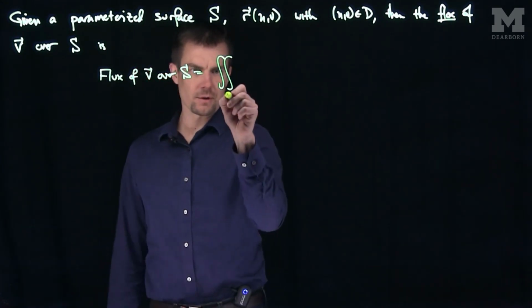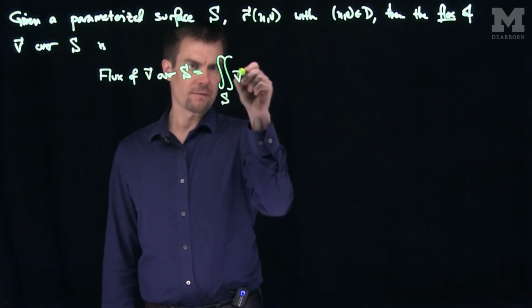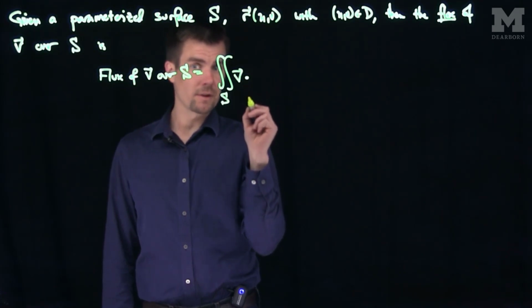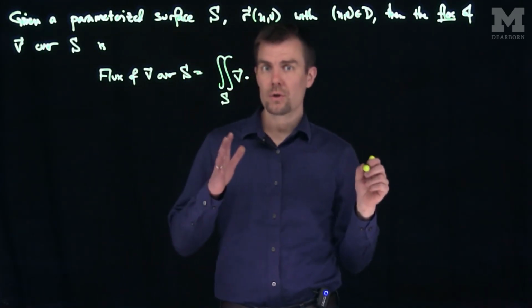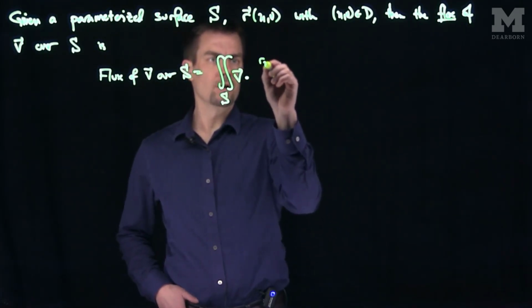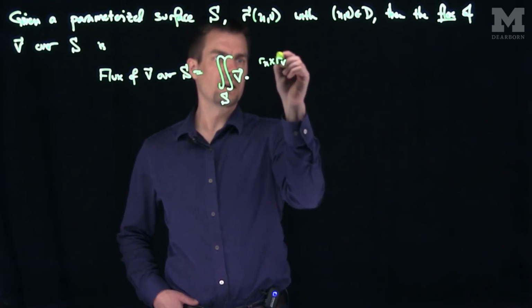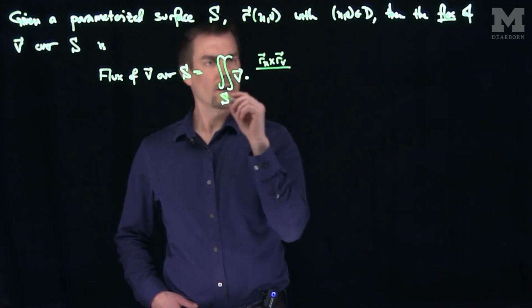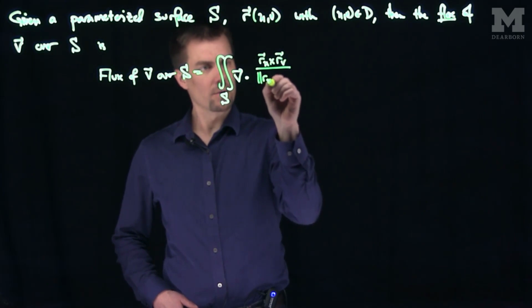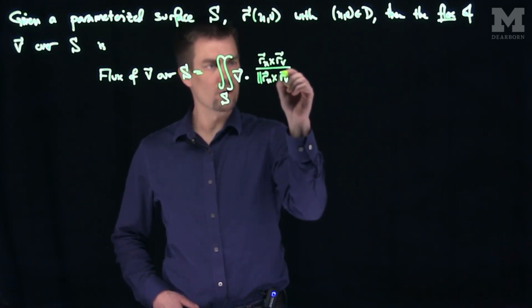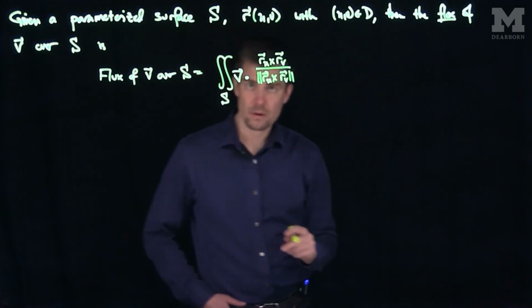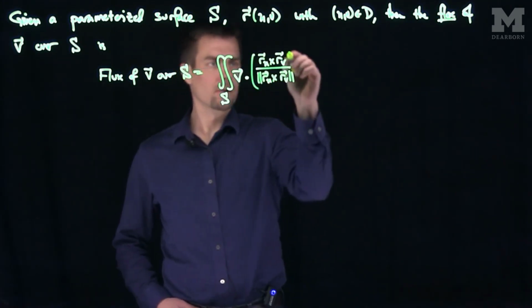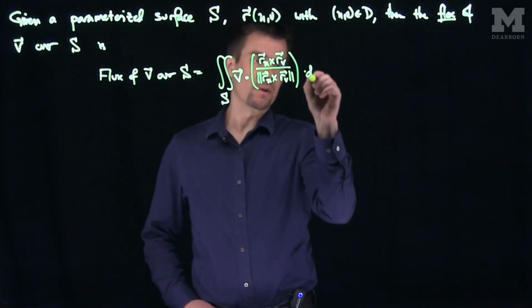It's going to be a surface integral of my vector field. I'm going to dot my vector field with the unit normal vector, RU cross RV over the length of RU cross RV. So now that's the unit normal vector to the surface. Okay? And then I'm going to do d sigma over here.